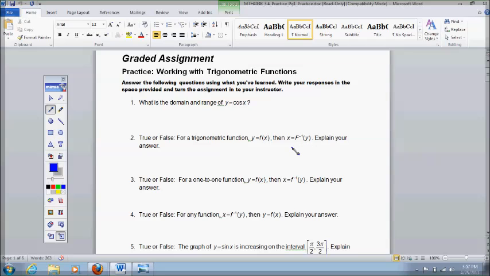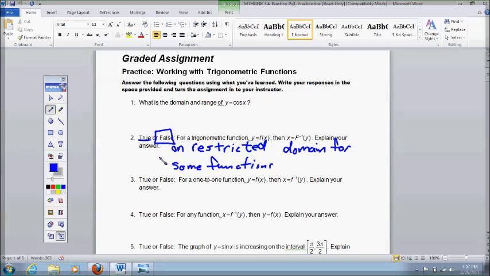And the answer here is, we could say true on restricted domains for some functions. However, this question is saying, because there's not a restriction here, it's not telling us a restriction here, we would have to say false.